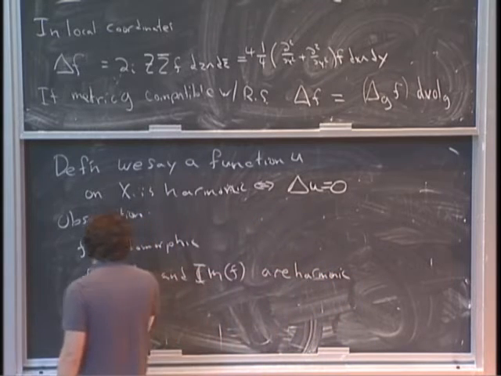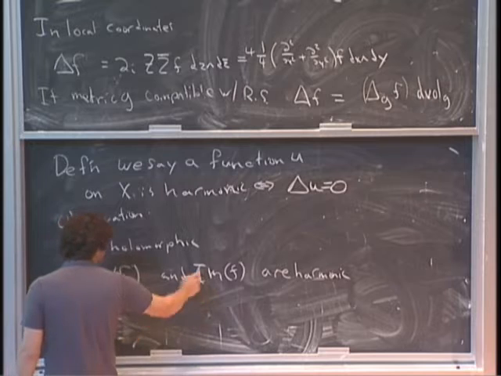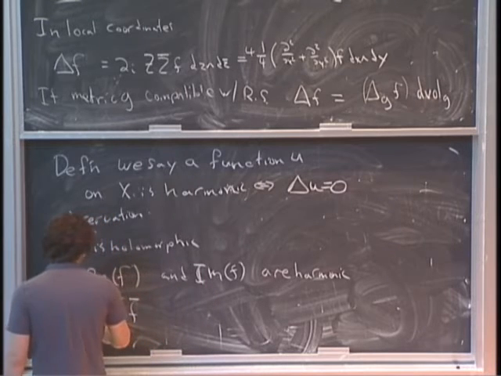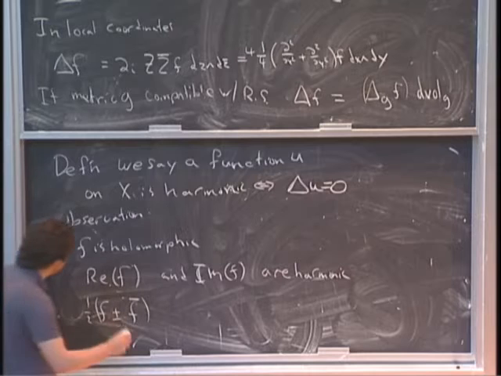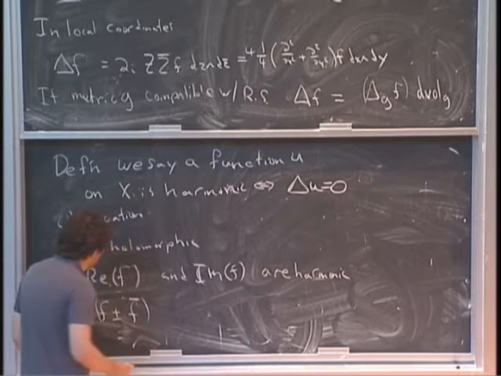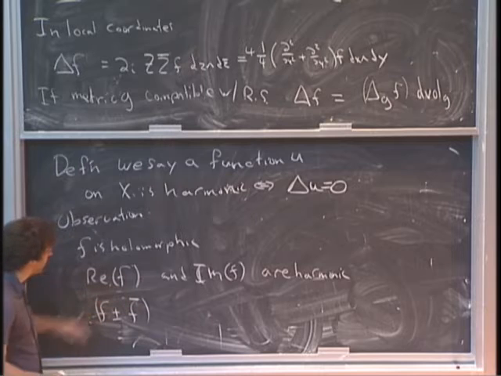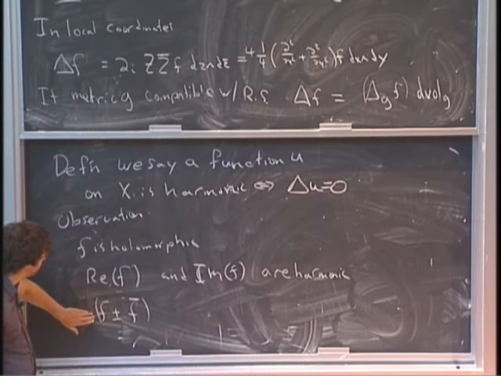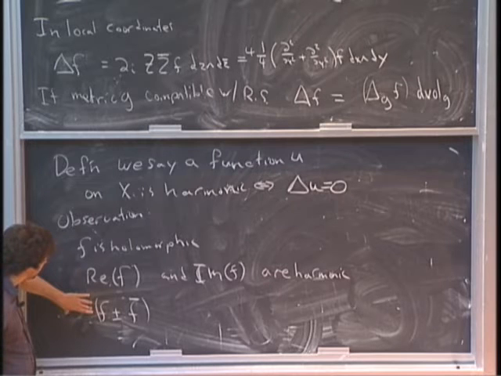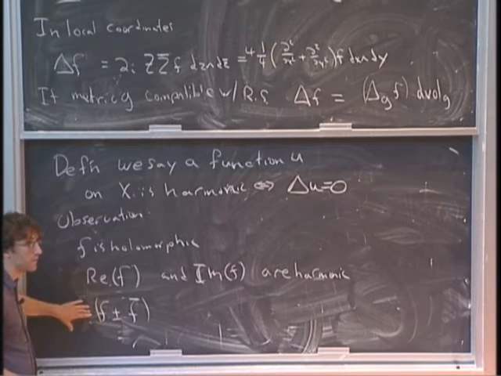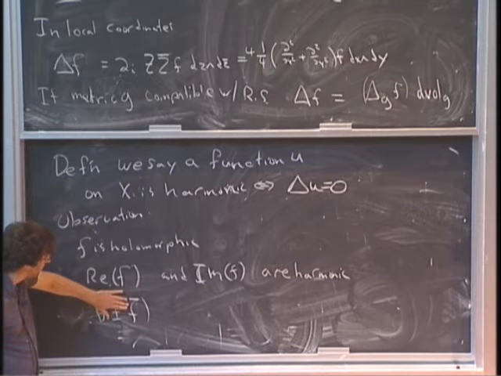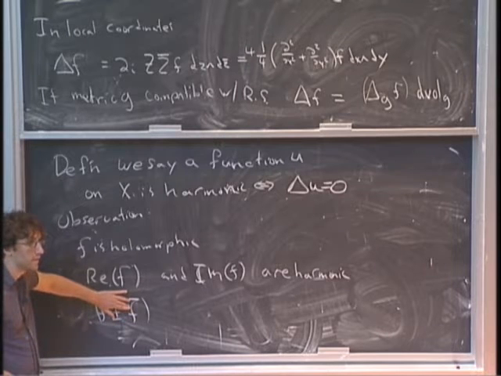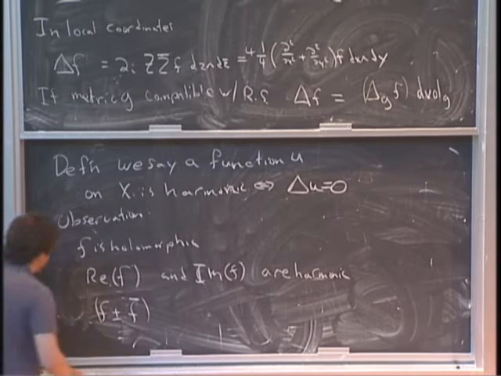What you do is, the real part of f is just f plus f bar, up to a constant, a half, or for the imaginary part, 1 over 2i times f minus f bar. Let's say this guy is obviously harmonic: if you apply del bar to it, since f is holomorphic, del bar gives you 0. And since f is holomorphic, then del of f bar is also 0. So then you see that this guy is harmonic.